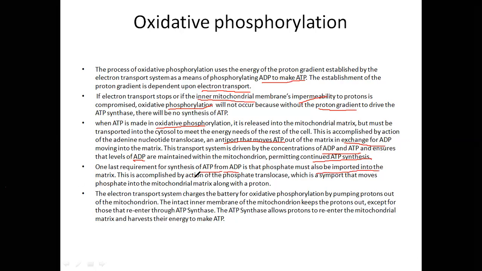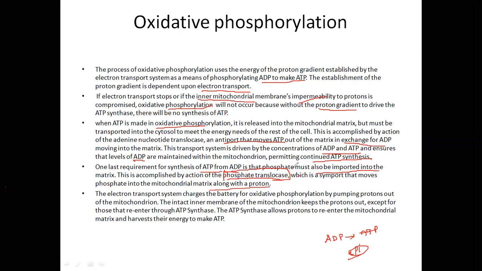This is accomplished by the action of phosphotranslocase. What do you require? ADP must be converted to ATP, so you require one more inorganic phosphate. Who will transport that? It is transported by an enzyme called phosphotranslocase, which is a symport that moves phosphate into the mitochondrial matrix along with the proton.